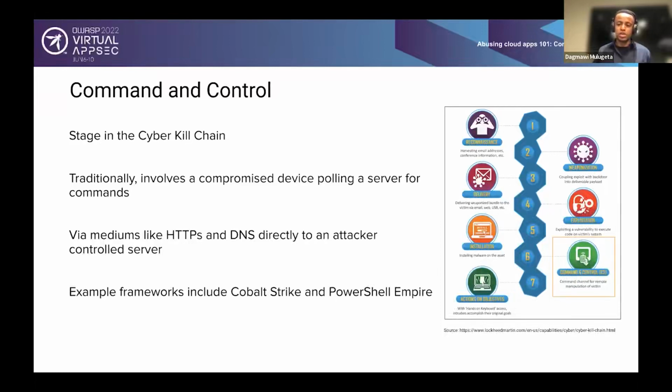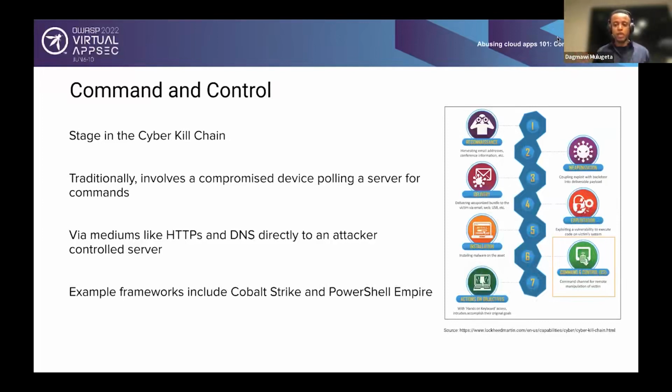You can see this on the right side of the slide. It starts out with the attacker performing some reconnaissance. They'll gather some information. Once they've gathered information, they'll try to find any weaknesses they can weaponize a malicious payload against. Once they've weaponized this payload, they'll deliver it and then exploit that weakness. Once they've exploited that weakness, they will install a particular piece of malware on the target system that will phone back home and poll for additional commands.